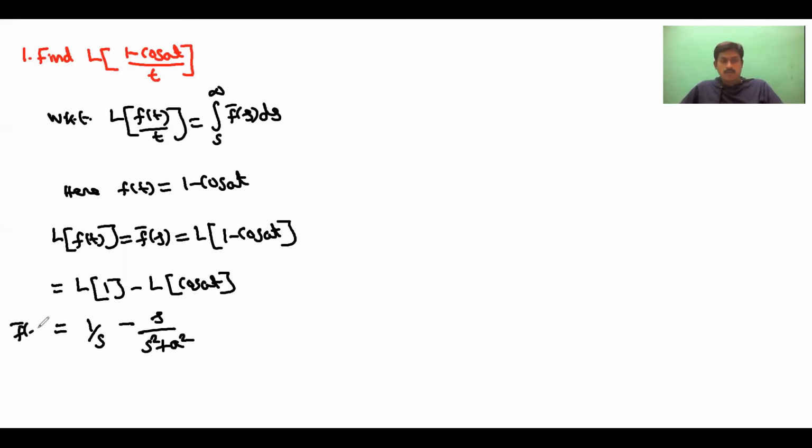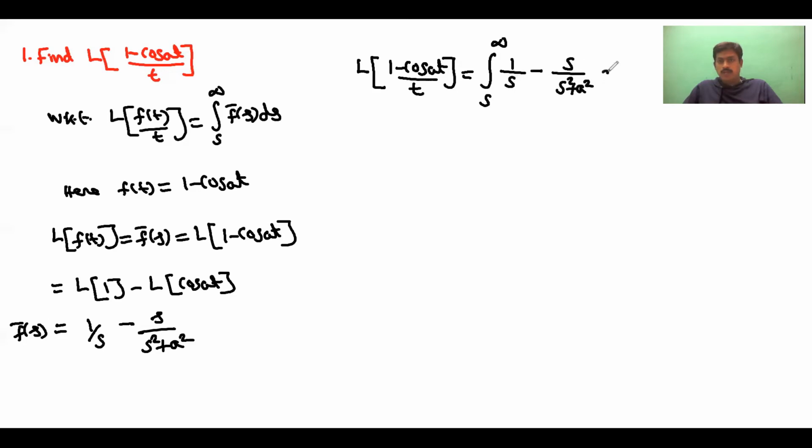That is our f bar of s. So now substituting here, we get L of (1 minus cos at) by t equals the integral from s to infinity of (1 by s minus s divided by s square plus a square) ds.